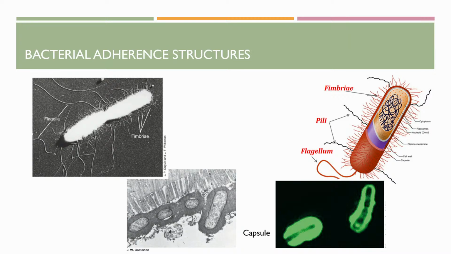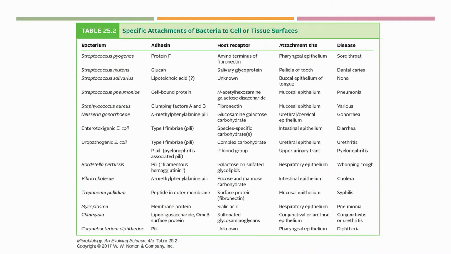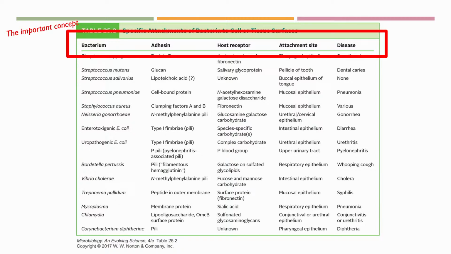You have capsules around bacteria. You can clearly see this is the bacteria and this is the capsule that it's made around it, so it's sticky. The point is that you don't need to remember all of this, but what you should know is that bacteria have different types of adherence molecules, and those attach to a host receptor. There's certain places where they can attach, and they cause diseases eventually if they are successful in the rest of the process.